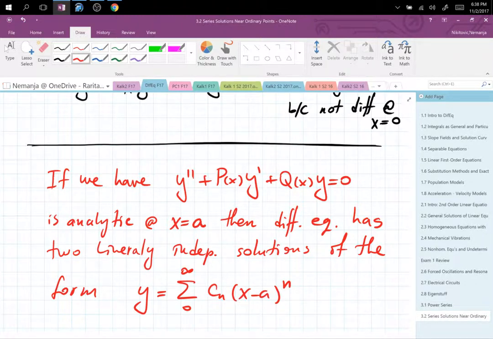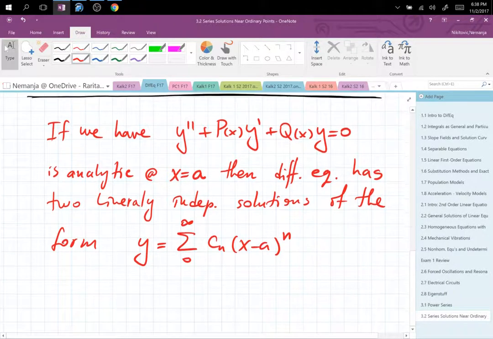Our goal is to figure out Cn, just like I did in the last example, except better.